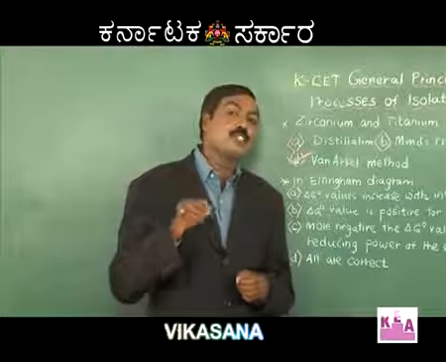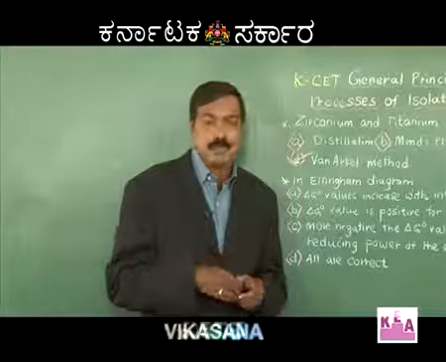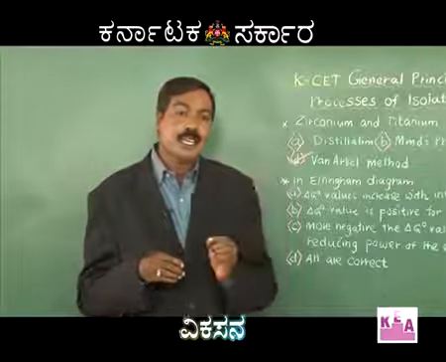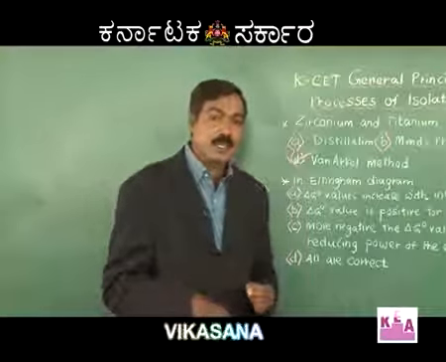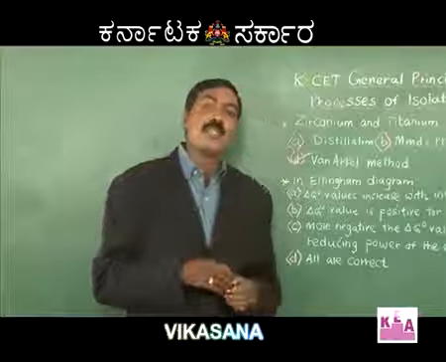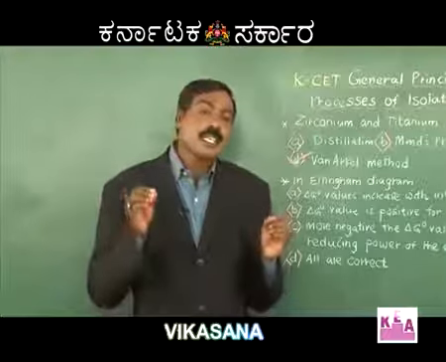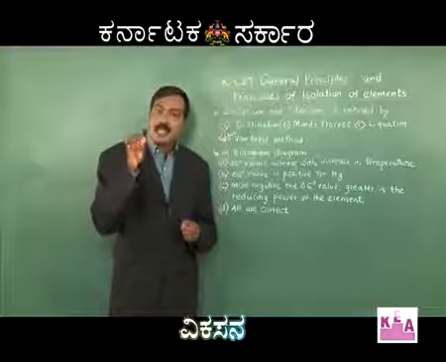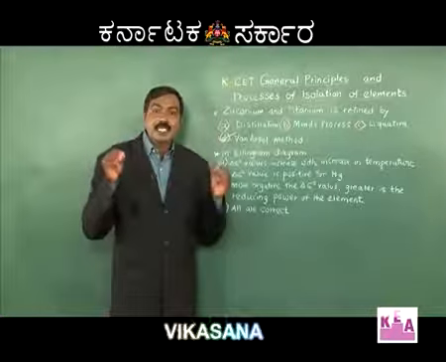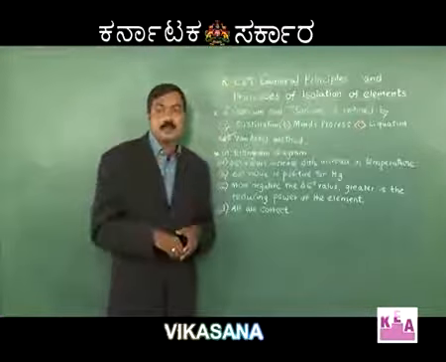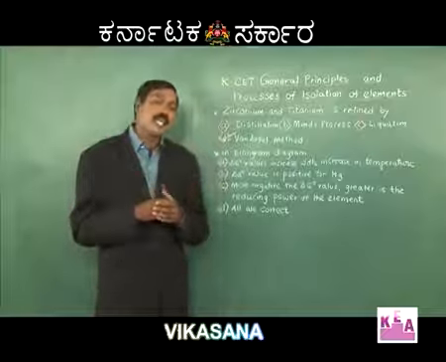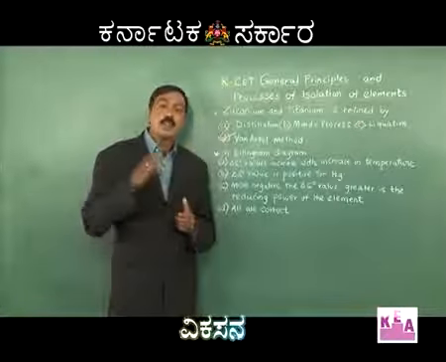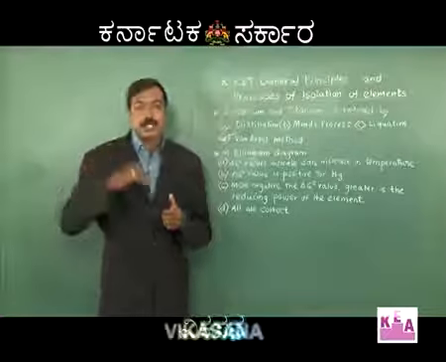Some of the salient features of Ellingham's diagram: as I mentioned, it is a graph of standard free energy versus temperature. The greater the negative value of delta G naught, the greater is the reducing capacity of that element. As we draw the graph, it would show sloping upwards.